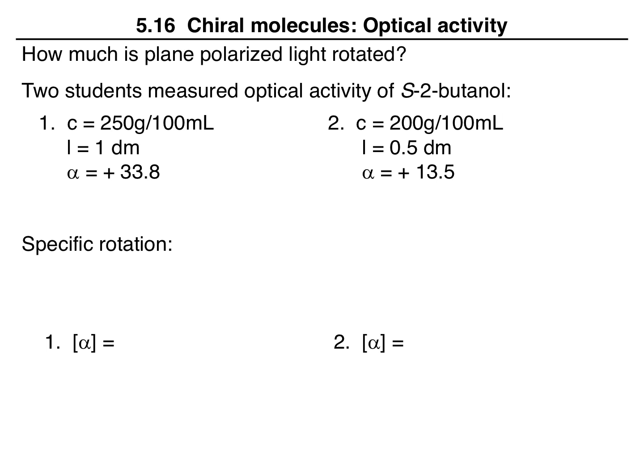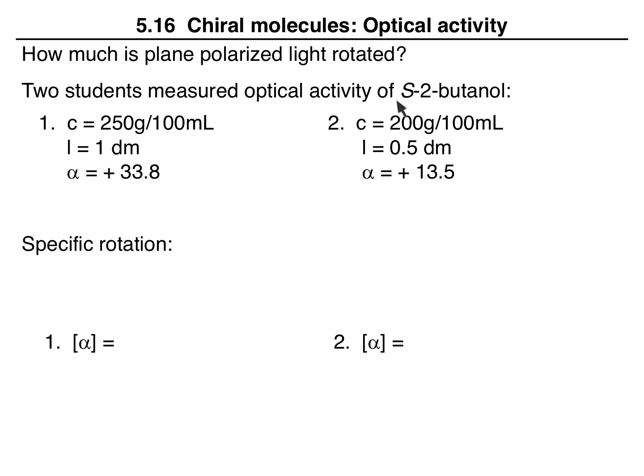The first student made up a concentration of 250 grams in 100 mLs of solvent. They used a polarimeter cell with a length of 1 decimeter. And what they measured was an optical activity, this is the rotation, of plus 33.8. So we have the concentration, we have the path length, and then this is what's observed on the polarimeter.